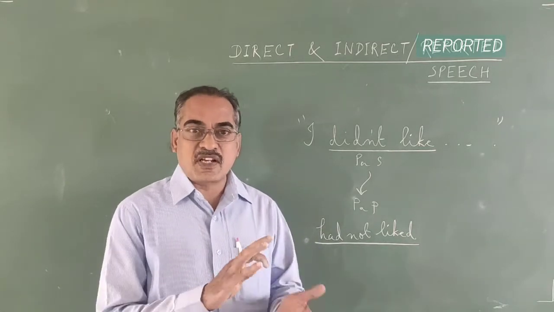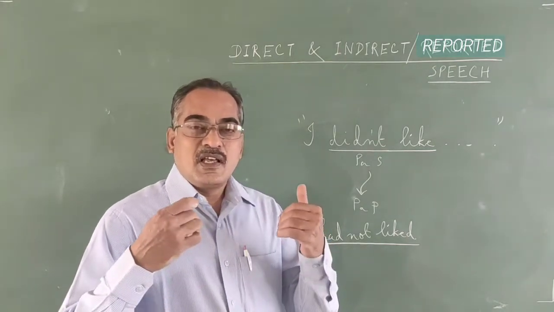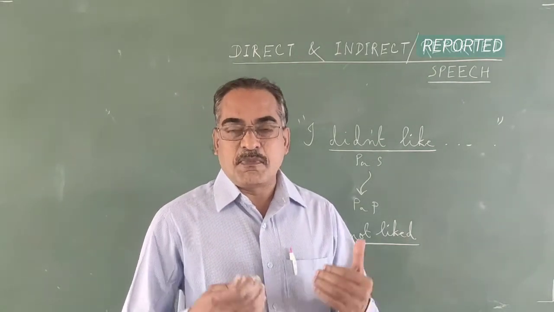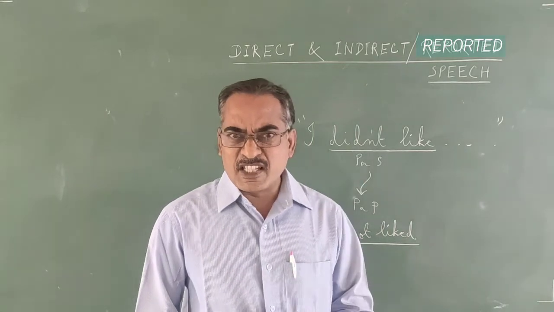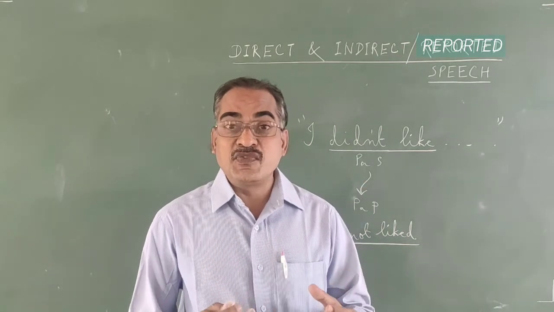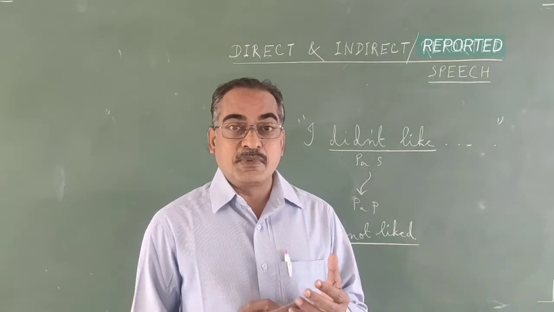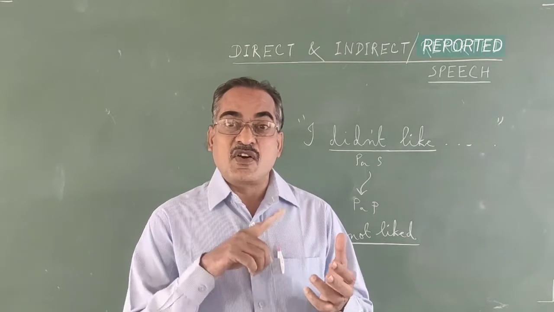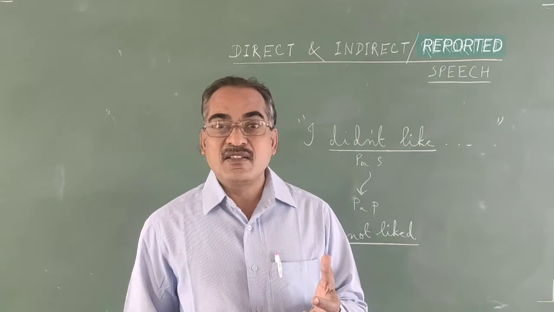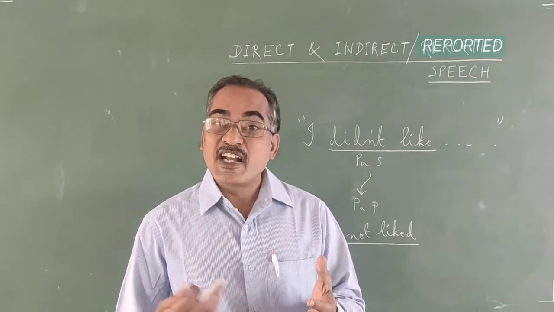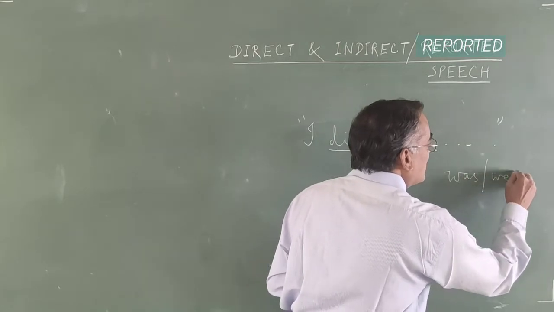So naturally, when we are transforming direct speech into indirect speech, whenever we come across past verbs, past simple or past verbs in direct speech, and especially of B form words, we should be very careful. For example, if we come across was or were in the direct speech, when we change it into indirect, they should become had been, because was or were, these two are in past tense.